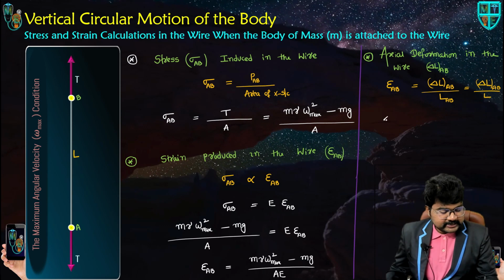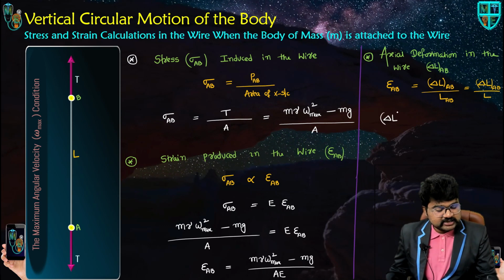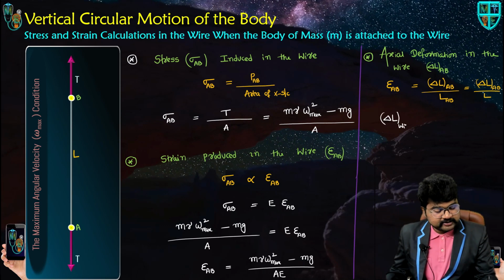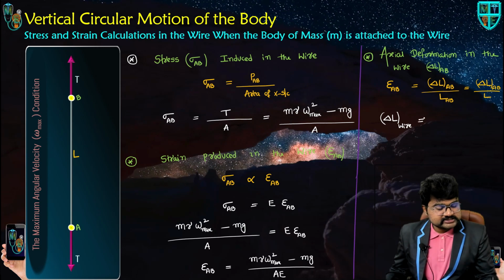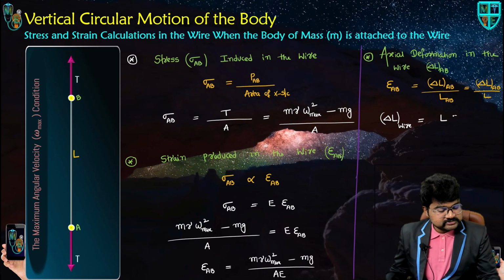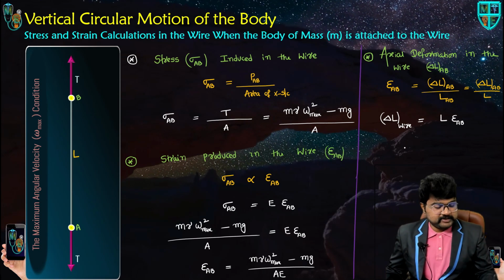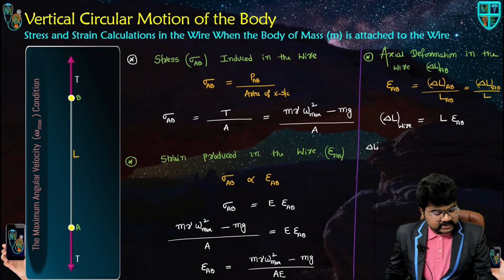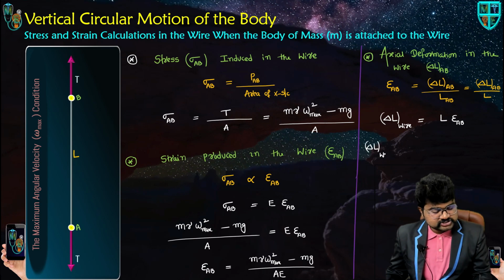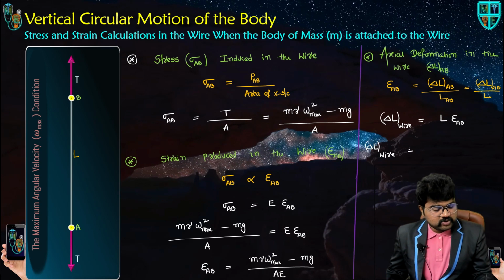Tell me. Delta L, axial deformation in the wire, equals L times epsilon AB.